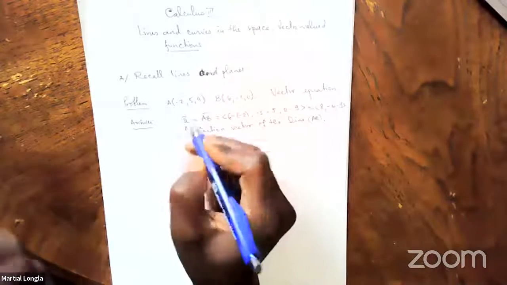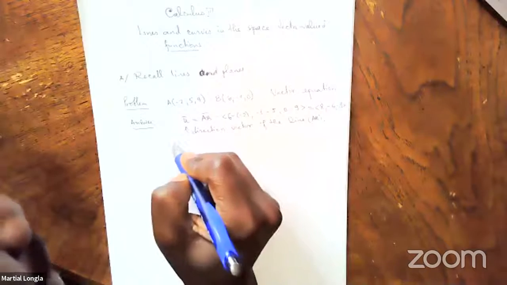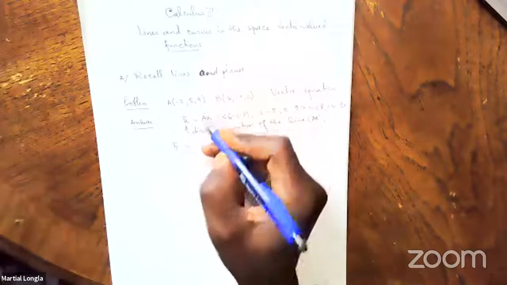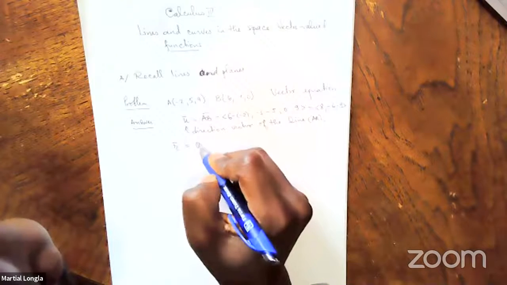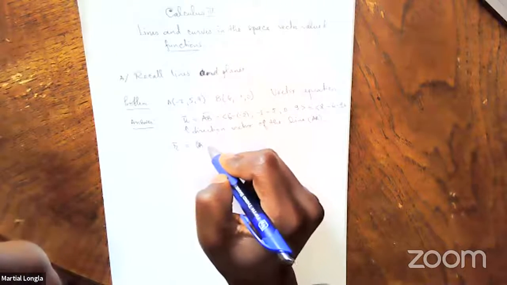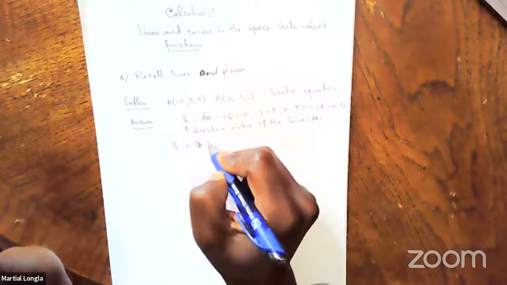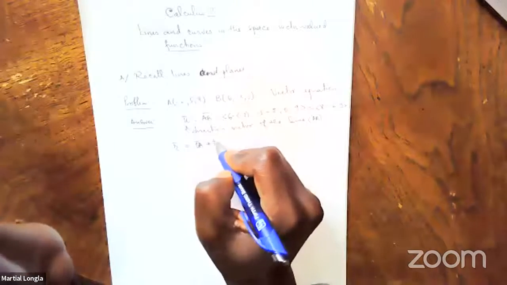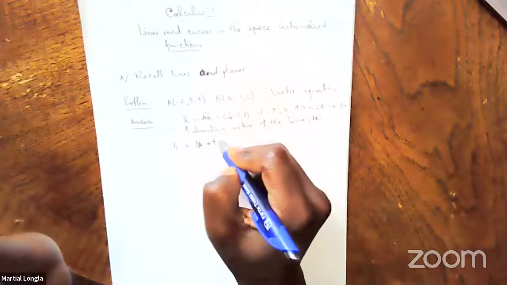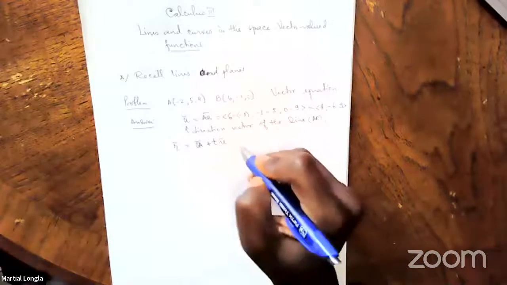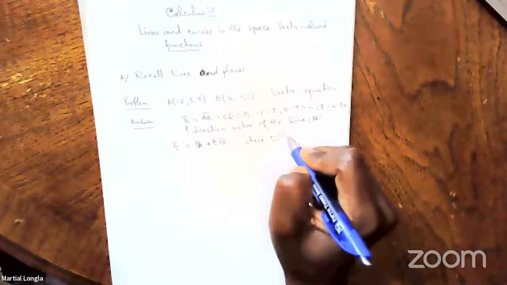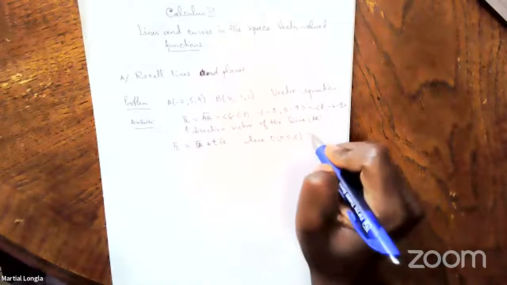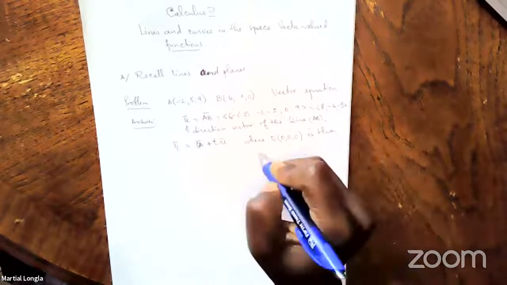And then to find the vector equation, you're going to write R is equal to OA plus t times u. Here, O with coordinates 0, 0, 0 is the origin.